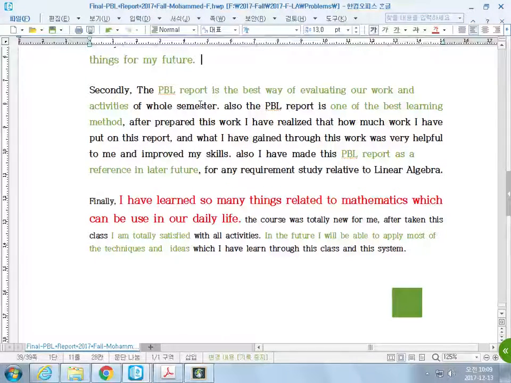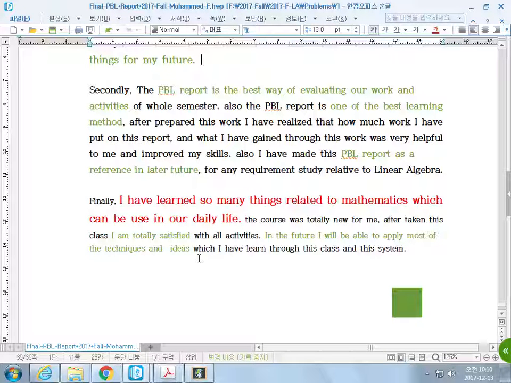Actually, that system was the one that I developed. That's the table that I made. Yeah, it was helpful. And secondly, the PBL report is the best way of evaluating our work in activities, because if we didn't do the PBL report, we cannot know how much we learned, how much we progressed. So there will be some missing.